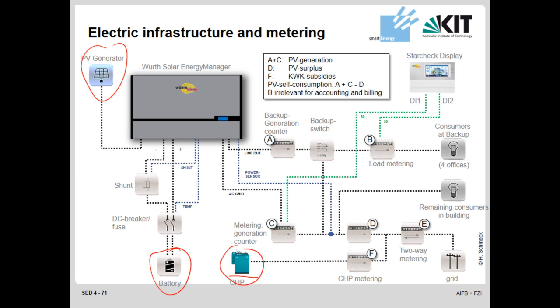Yeah, so it is actually much more than you would necessarily need. So we have here, I think, something like 7 different smart metering systems, where first here's the energy manager, this is the inverter, and this makes sure that power from the PV generator is stored in the battery, and there's only power from the PV cells that is stored in the battery.